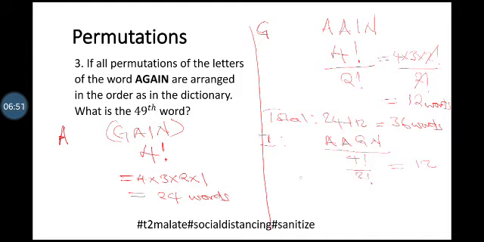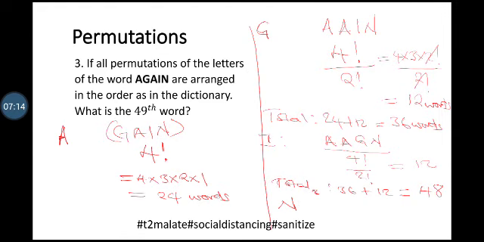So we're now adding 12 words to 36 words. We have a new total, which is 36 plus 12, and this will give us 48.